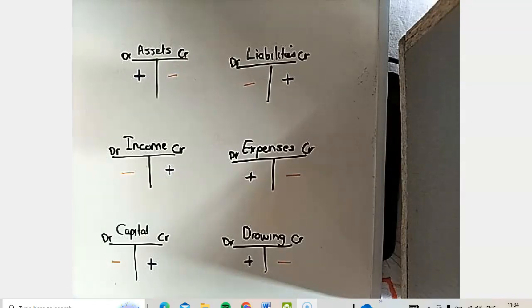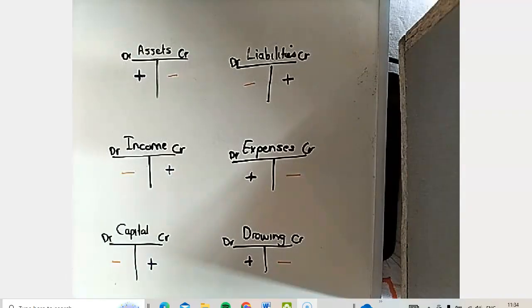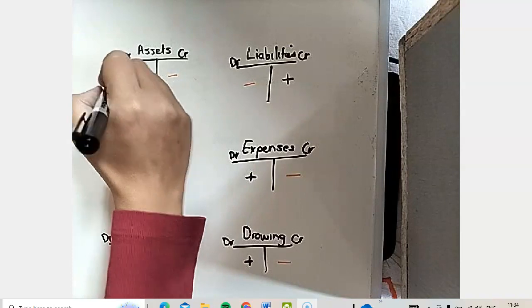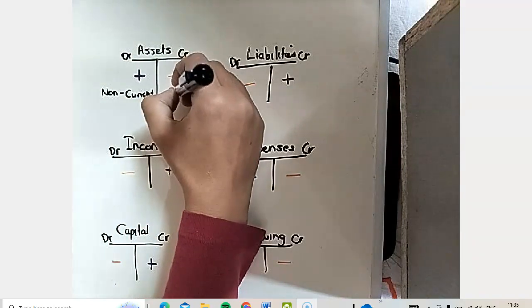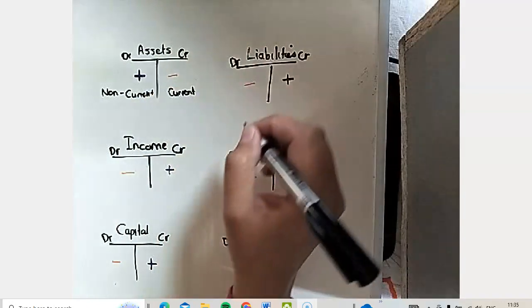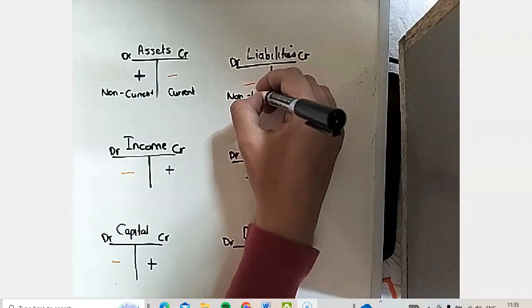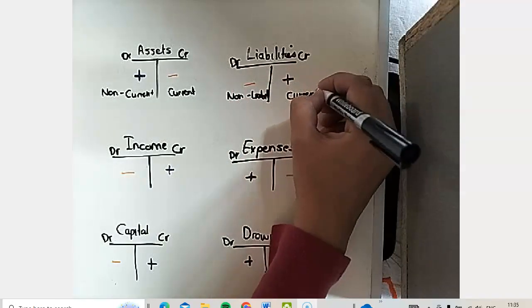Very important. You need to know what are assets. So in your study book, your textbook, you will find what is assets. Remember, you get non-current assets and you get current assets. But you always also get non-current liabilities and current liabilities.